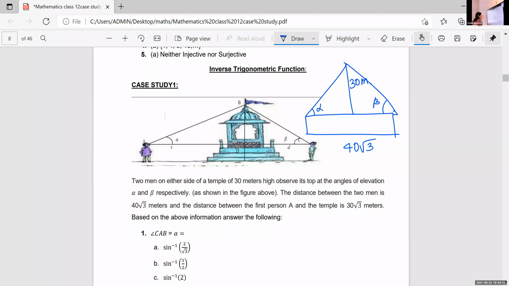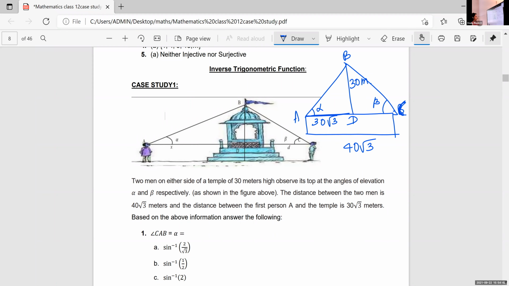And the distance between the first person A and the temple is 30 root 3 meters. So this distance is given as 30 root 3. This point is denoted as D, and here they have marked it as D.